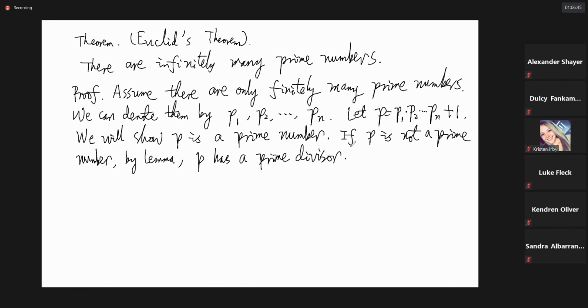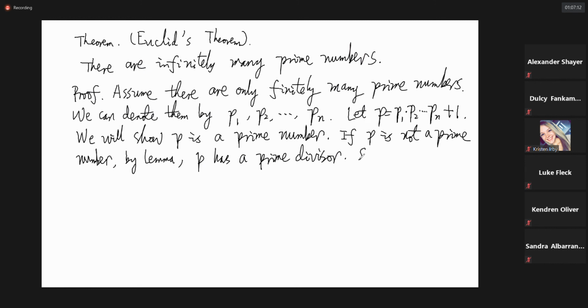Okay, so P has a prime divisor, but you should remember our big assumption here. We assume there are only finitely many prime numbers, and all those prime numbers were listed as P1, P2, up to Pn. So the prime divisor of P must be one of those Pi's.